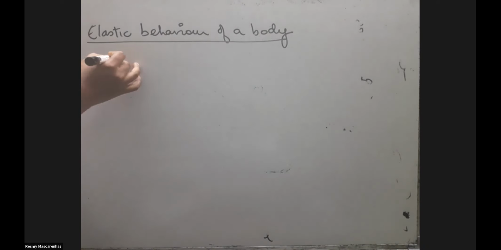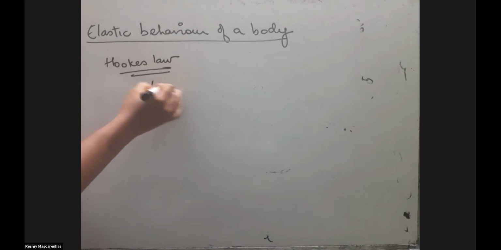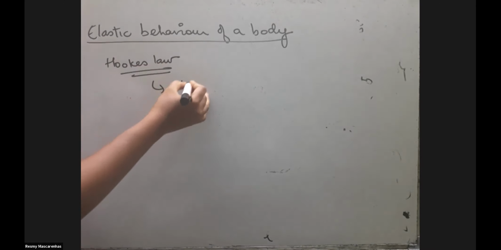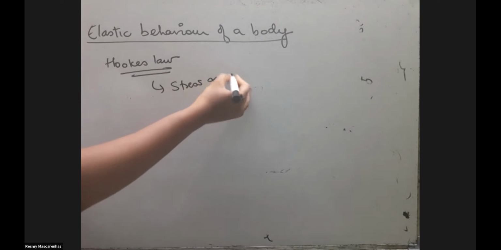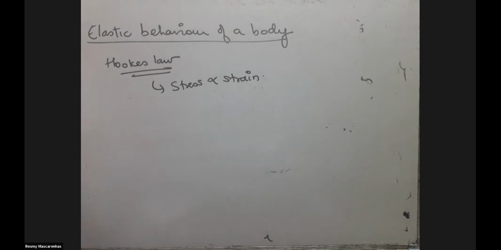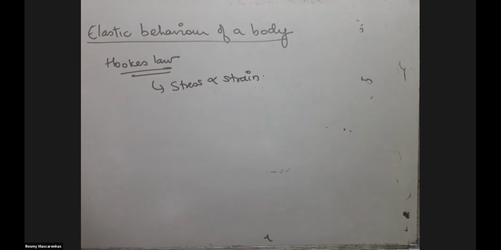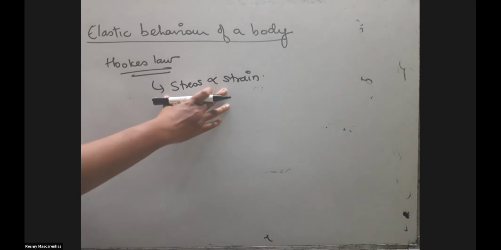So we have seen what is called Hooke's law. What does Hooke's law say? Stress is directly proportional to strain. As the stress increases, the strain will also increase. If you are decreasing the stress, then the strain will decrease. That is within the elastic limit.